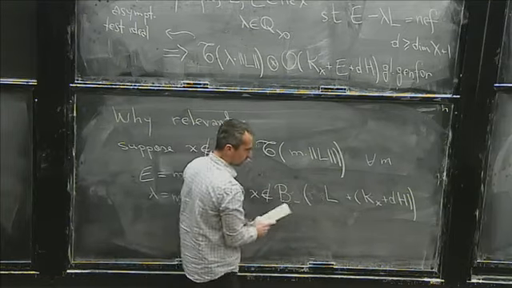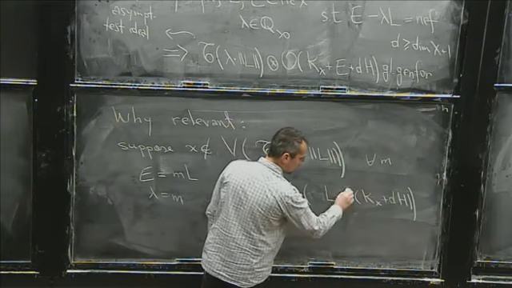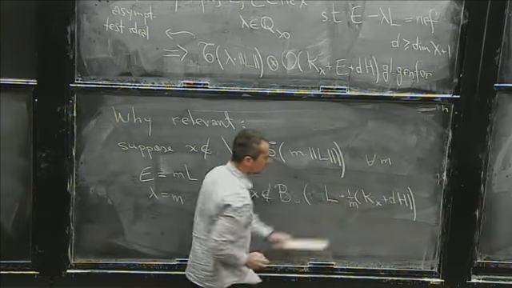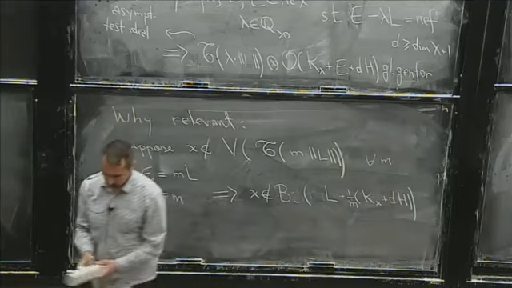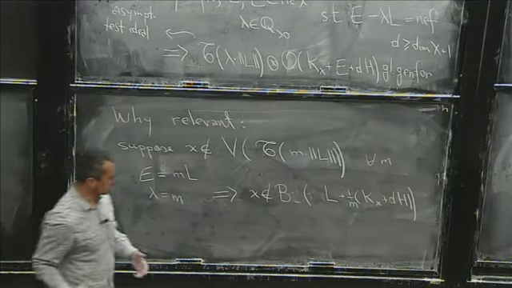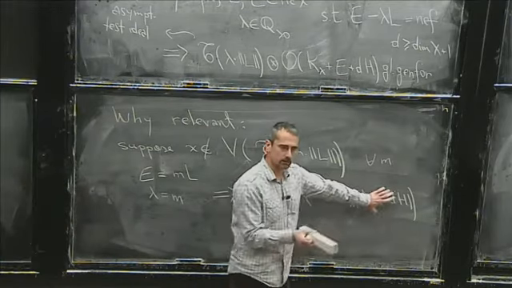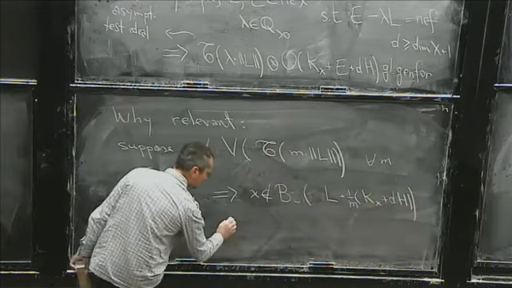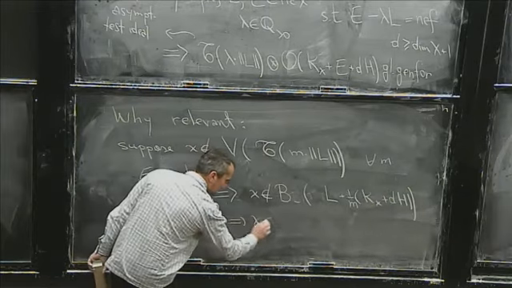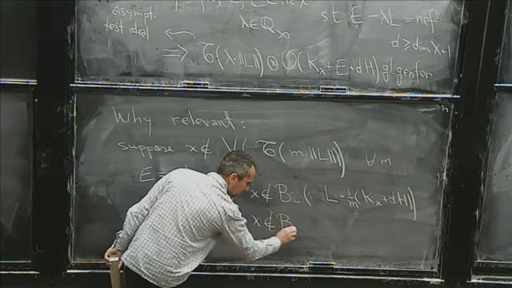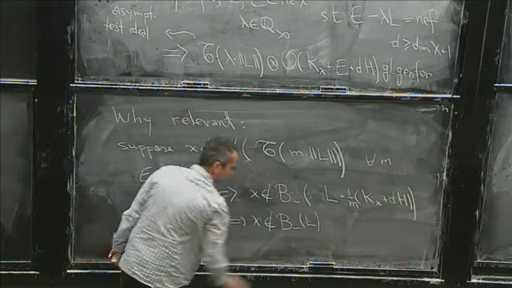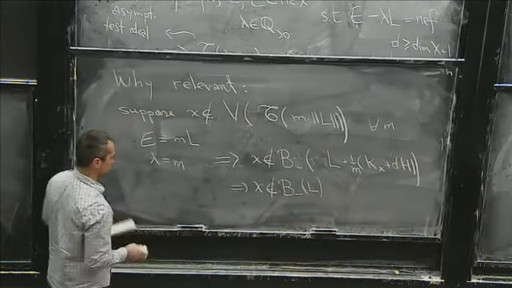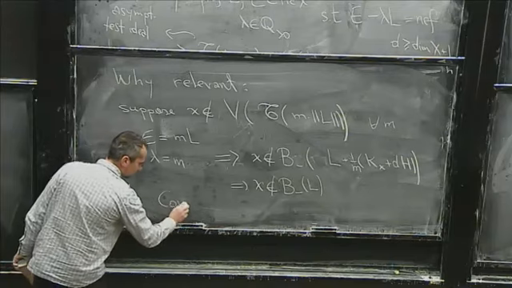I can erase the M. And then what I have here is L plus some small multiple of this guy. Okay, so basically, this might not be ample, but I can add a little bit to make it ample. And then what I concluded is that actually X does not lie inside B minus of L. Okay, and the converse also holds. So this is actually part of the proof of the theorem.